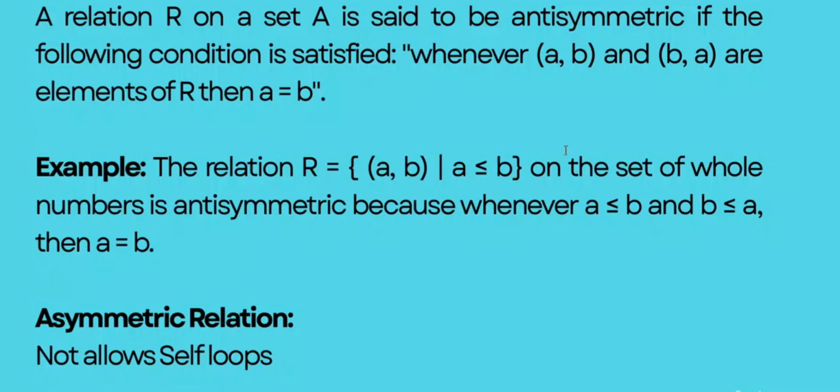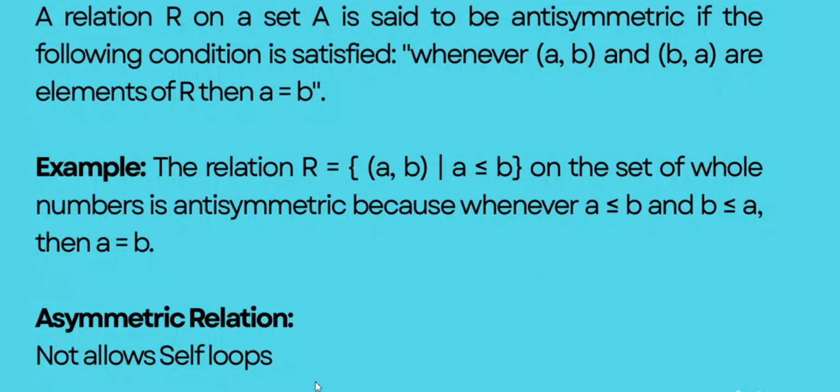Now tell me whether 4 is less than or equal to 3. Reverse should not be present in antisymmetric, right? So 4 is not less than 3, so this condition is false automatically. So this is satisfying the condition. 3 is less than or equal to 4, and 4 is not less than or equal to 3. So both the conditions should be satisfied for an antisymmetric relationship.